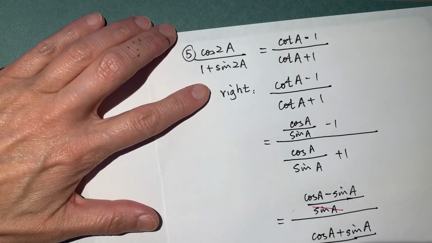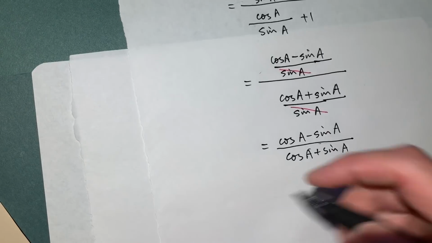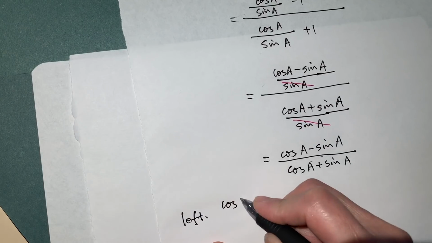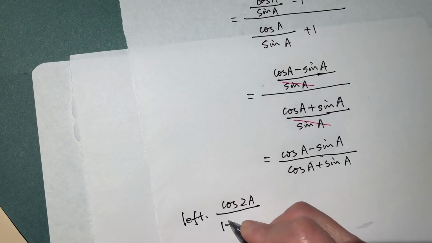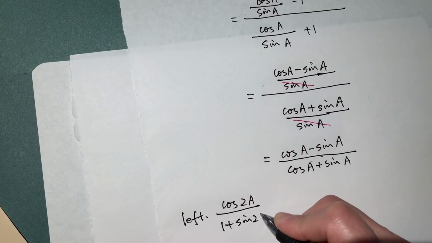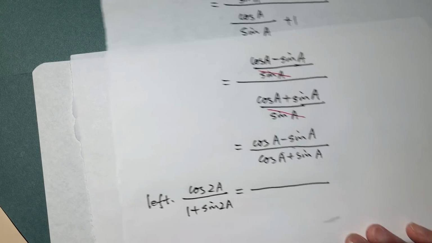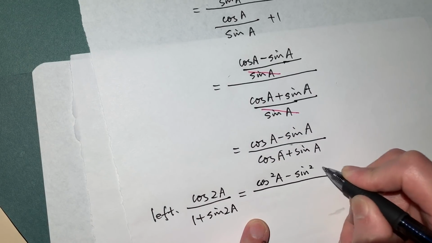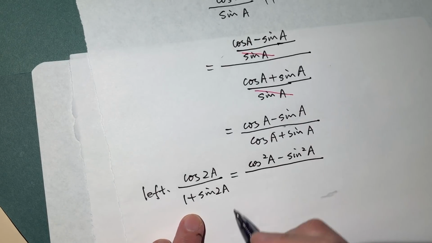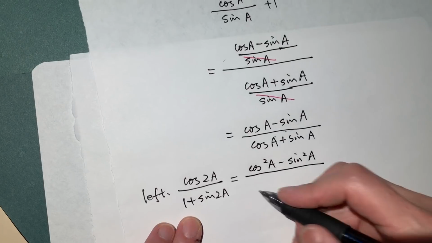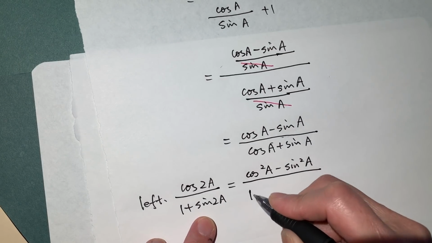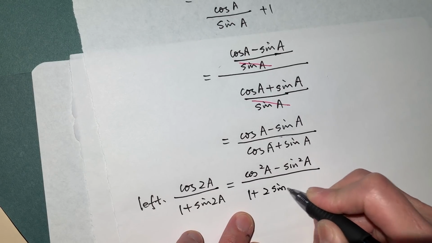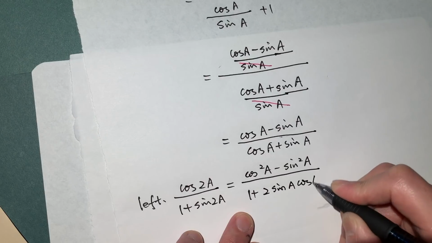And now we go from the left side. So left side, I copy it, cosine 2a over 1 plus sine 2a. So cosine 2a is cosine square a minus sine square a, right? This we already know. Now 1 plus sine 2a, where sine 2a is 2 sine a cosine a, right?